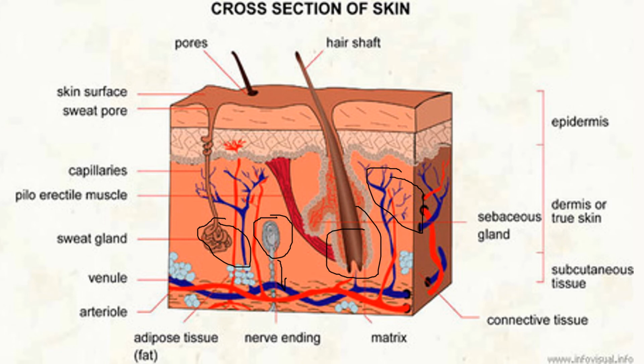Then in the subcutaneous tissue, this little stuff right here is connective tissue and adipose, which is fat. And then this is your artery, or a little bitty arteriole. It's like a tiny little artery. And then this one here is going to be your vein. That's going to carry the unoxygenated blood, and the red carries the oxygen back up to the skin.